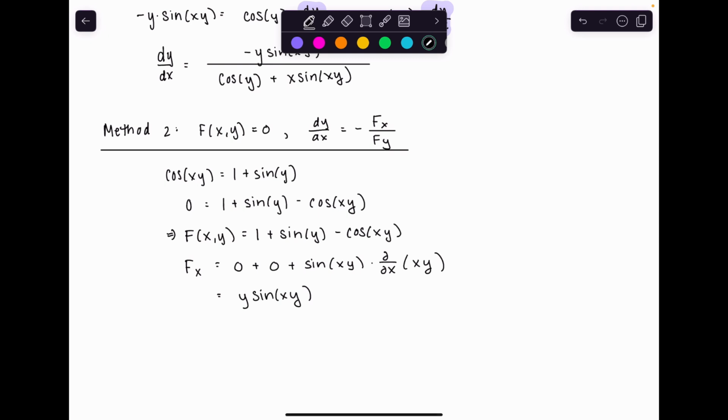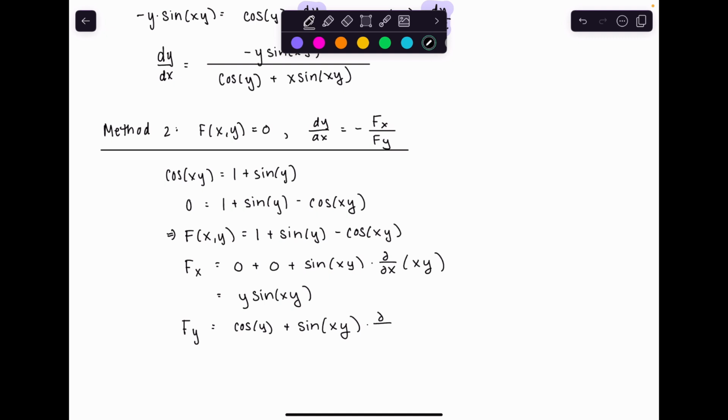And then I need to take the derivative with respect to y. Going through that, derivative of this is 0. Derivative of sine of y is cosine of y. Then working with this one, same thing. I'm going to have to use chain rule. So derivative of negative cosine is going to be positive sine, stays evaluated at xy.